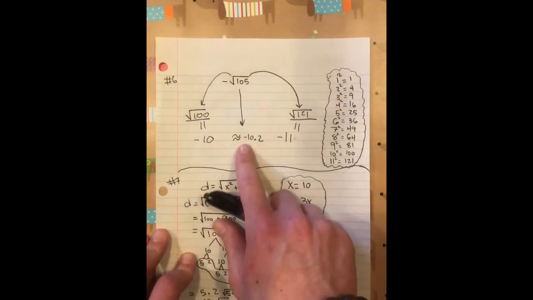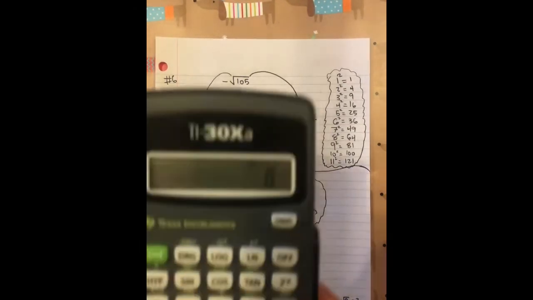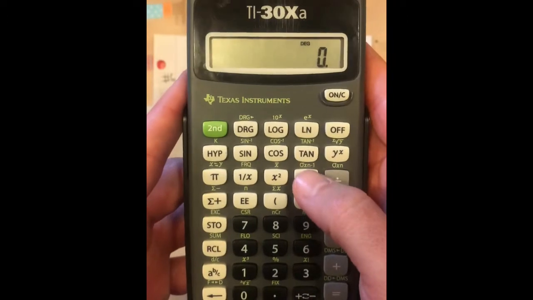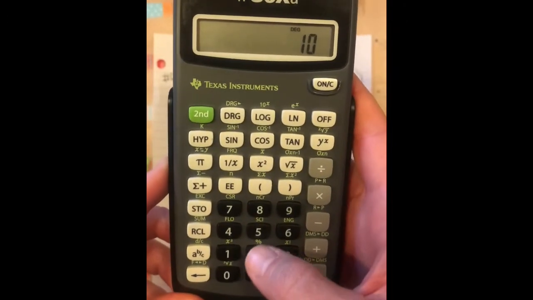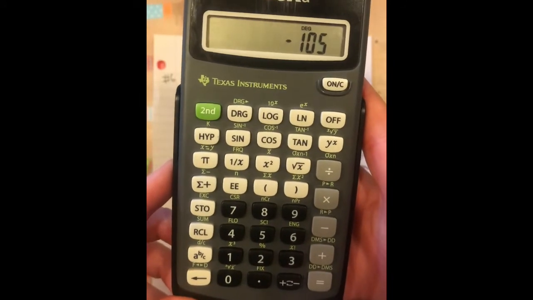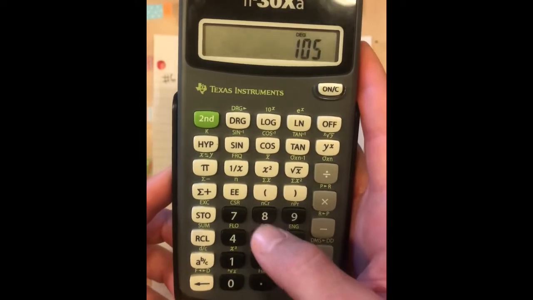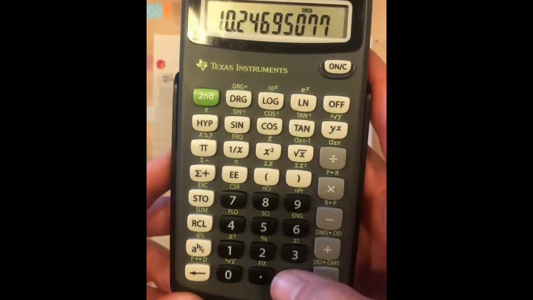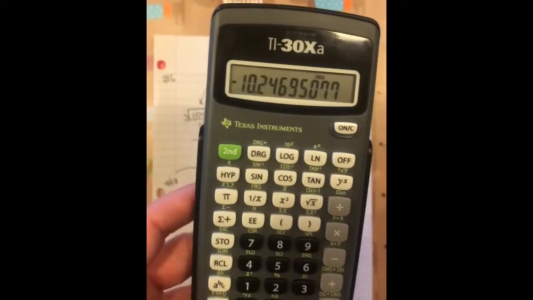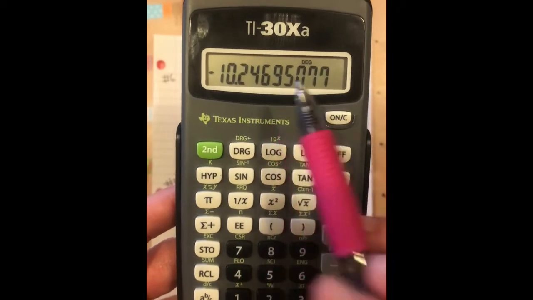So if you were to type that into a calculator, would you get that answer? Well, luckily I have a calculator right here, so why don't we find out? So if I were to type in 105, and then take the square root first, and then make it negative, we would see that it would be -10.2469.